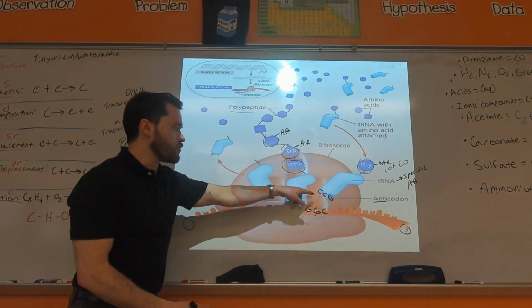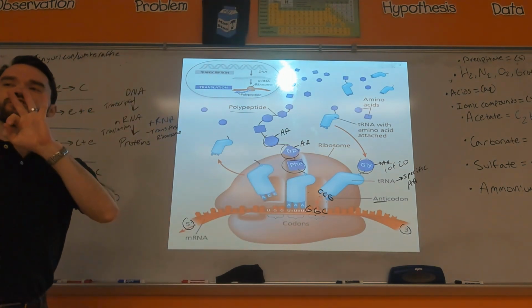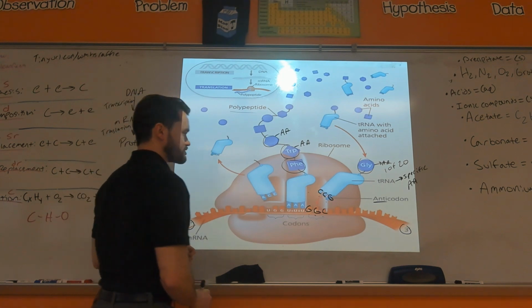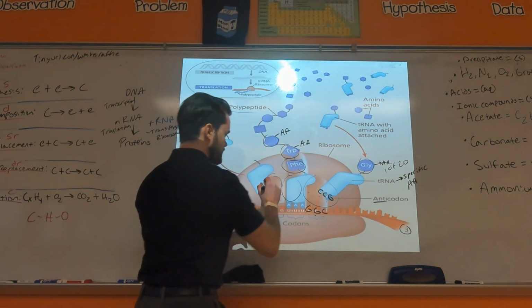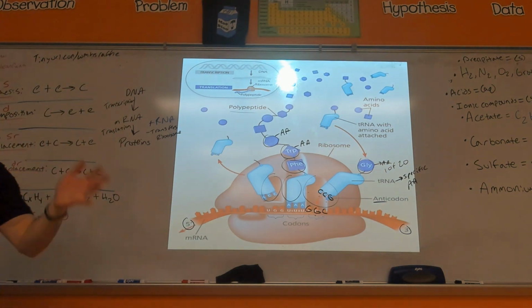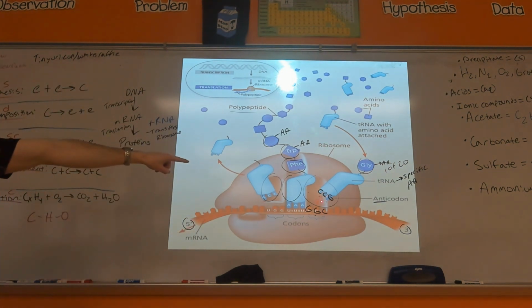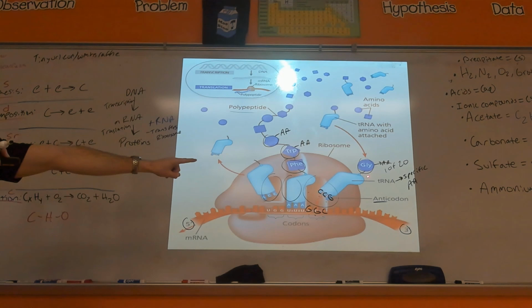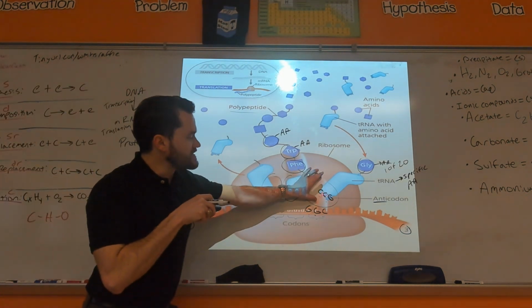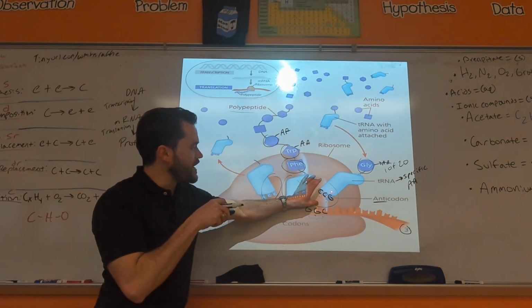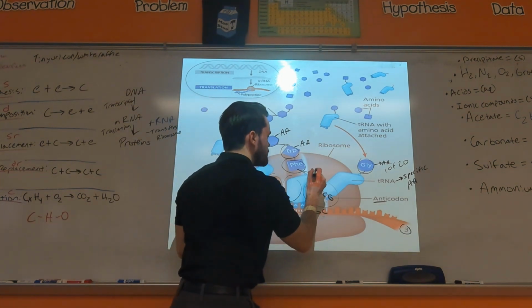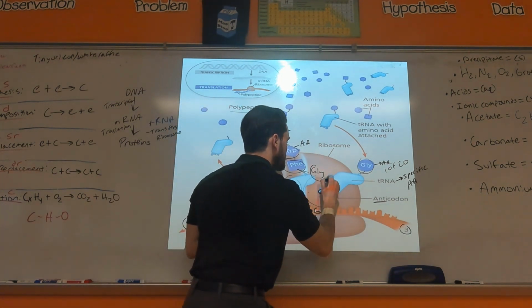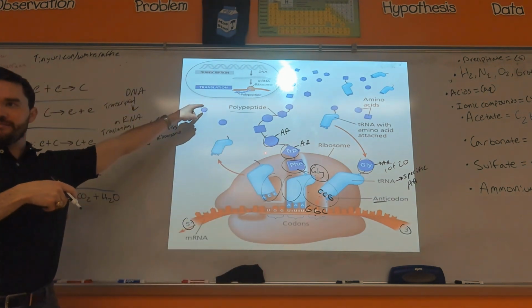There are 3 slots on the ribosome: this is 1 slot, a 2nd, and a 3rd. I'll show you some of the other names for them later on, but the tRNA will come into this first slot. Once it binds here, it will attach this glycine to the previous amino acid in the chain.